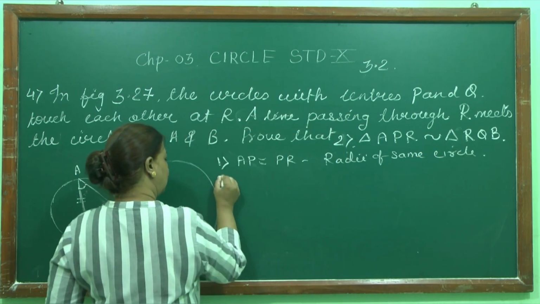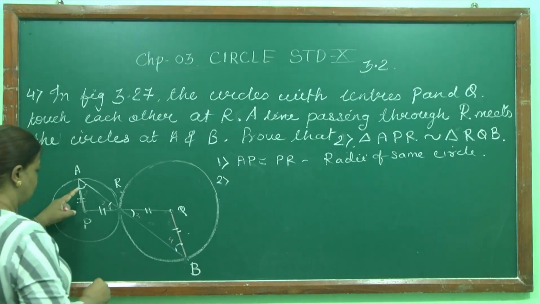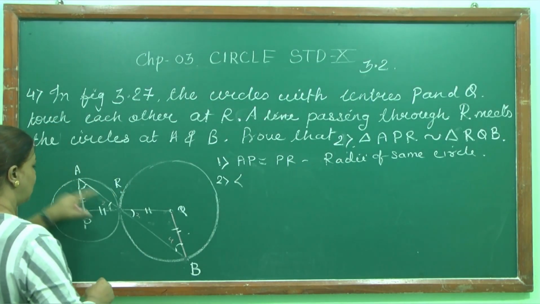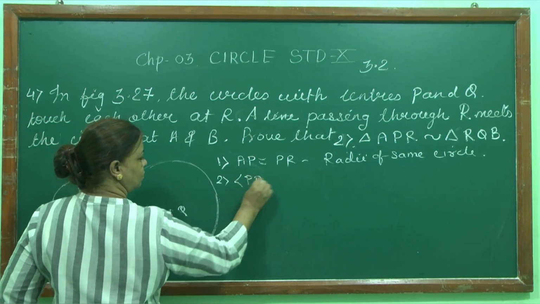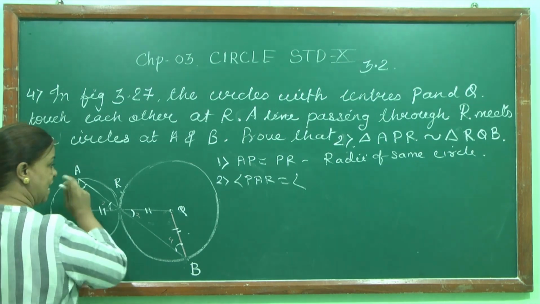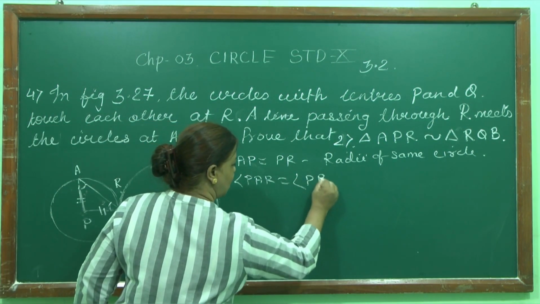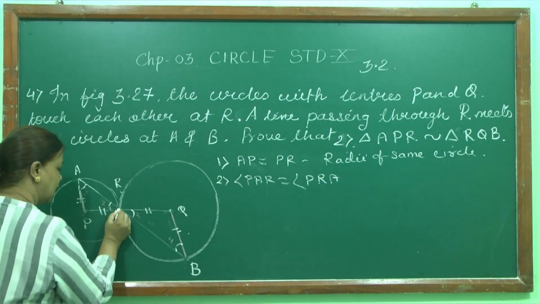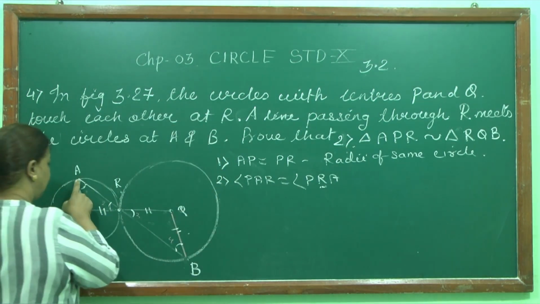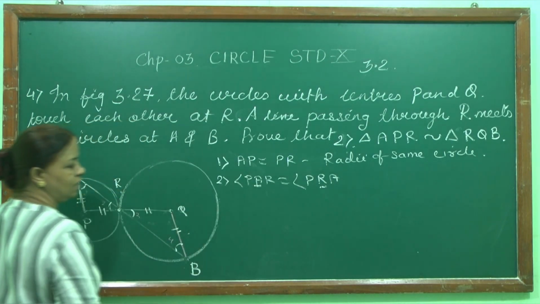Now, isosceles triangle, angle PAR is congruent to angle PRA. See, I am taking this angle, so this should be in the middle.